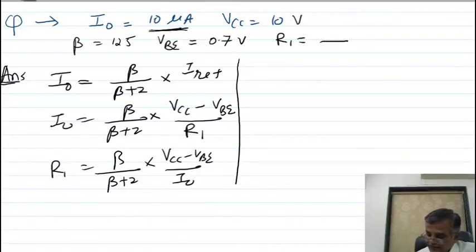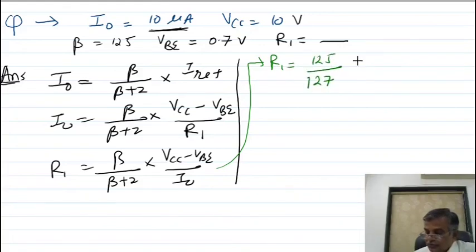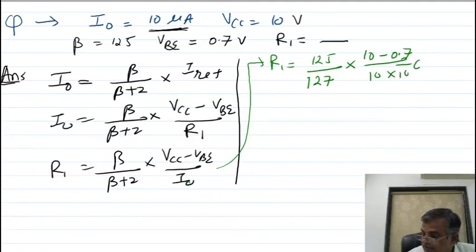Now put this value: R1 is equal to 125 upon 125 plus 2, 127, into 10 minus 0.7 upon 10 microampere, that is 10 into 10 raised to minus 6. If you find out this value, we will get 915 kilo ohm.